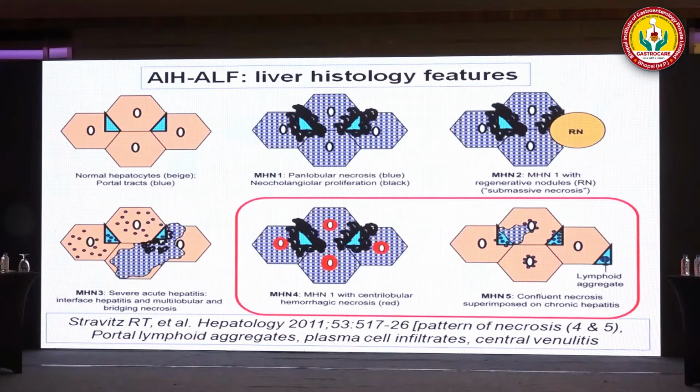You need to have a biopsy, and remember this multiacinar necrosis is not going to give you any diagnosis. To make a diagnosis of autoimmune hepatitis, you need to have at least this type 4 or type 5, where you need to have lymphoid aggregate, perivenulitis and plasma cell infiltrate to say that this patient had autoimmune hepatitis.